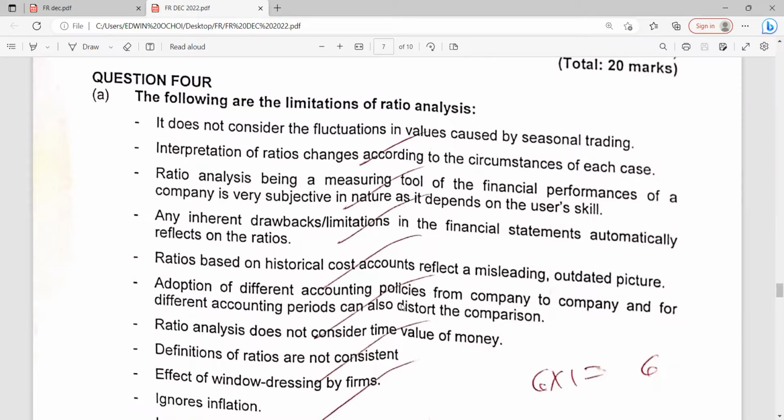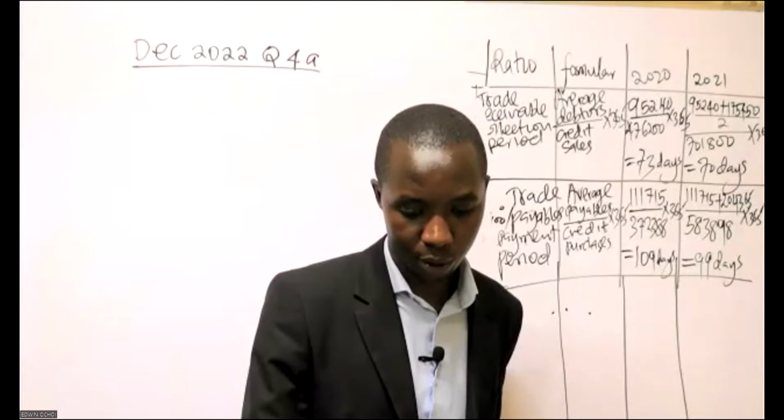Interpretation of ratios changes according to the circumstances of each case. So there are many. You can see some on the screen. So let's continue with the second part of the question.